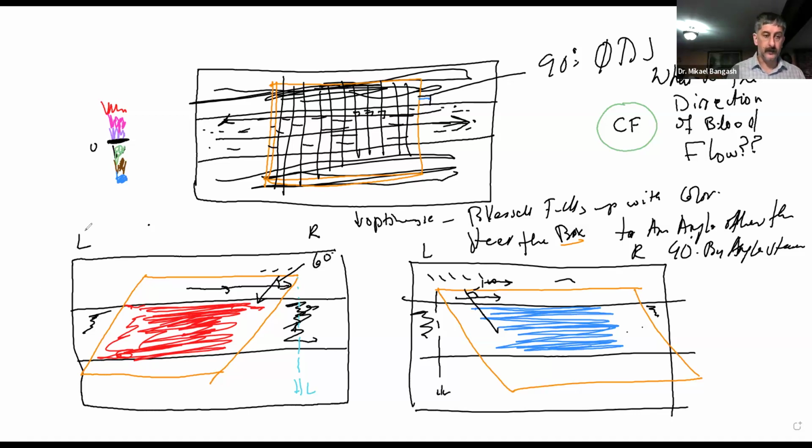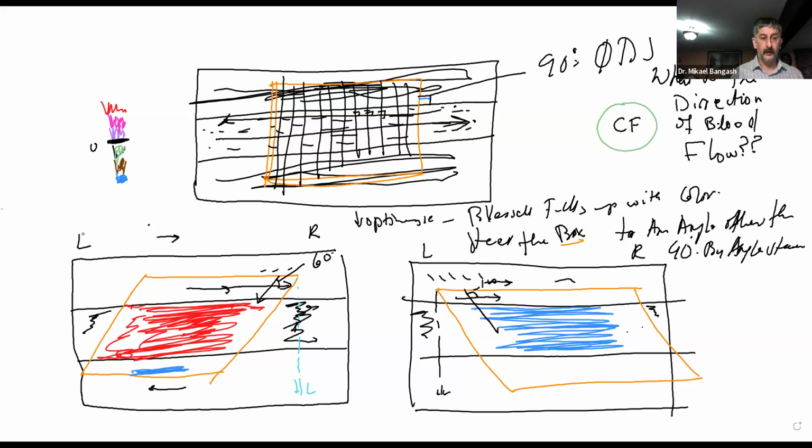In this case, the blood flow was from left to right. Whereas in case your beam, for instance, was steered like this, and you saw blue, then the blood flow would have been from right to left.